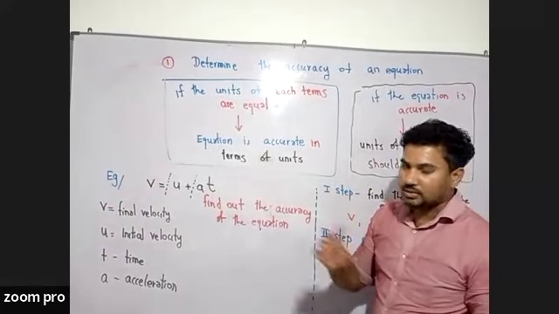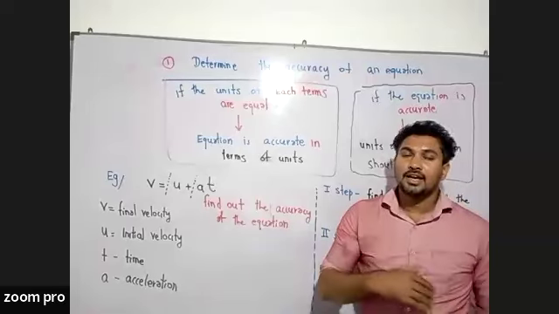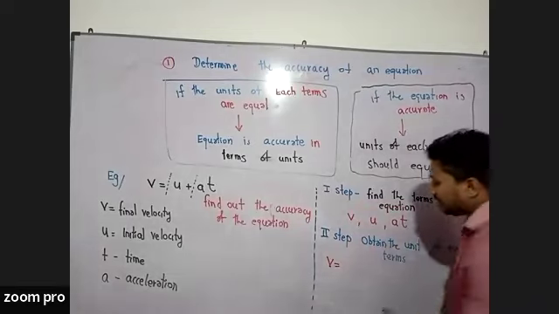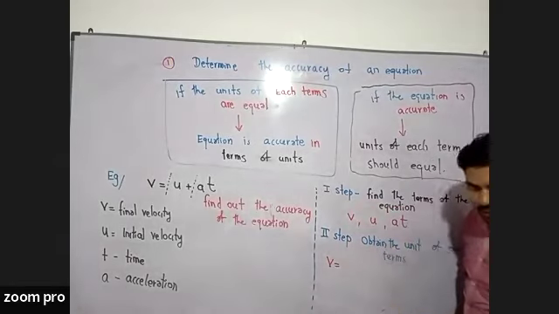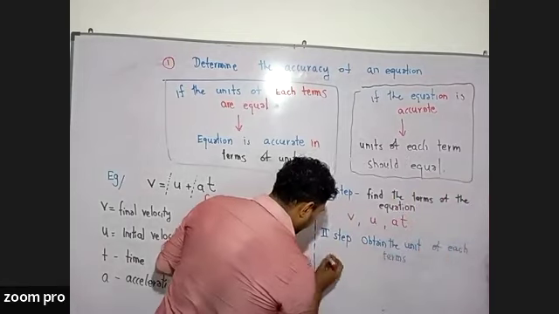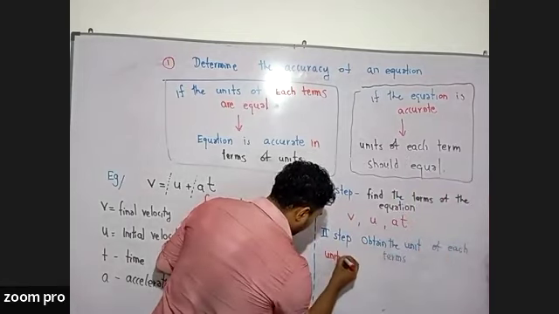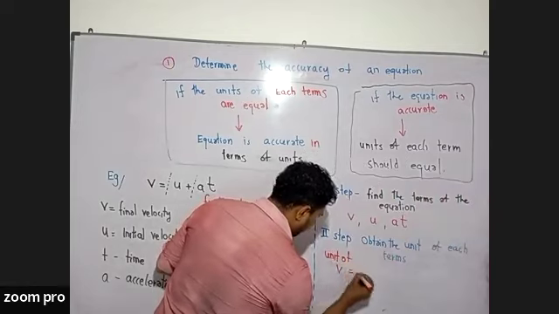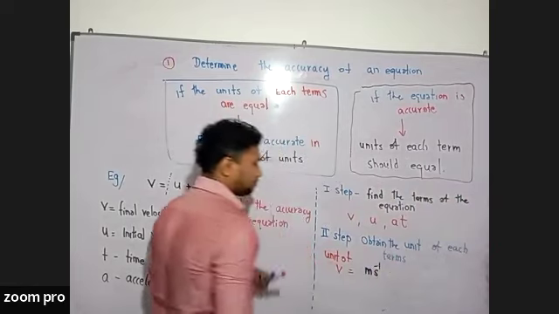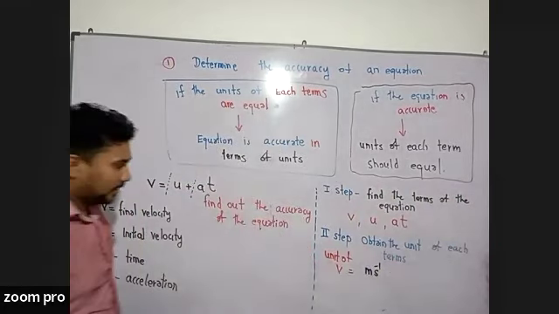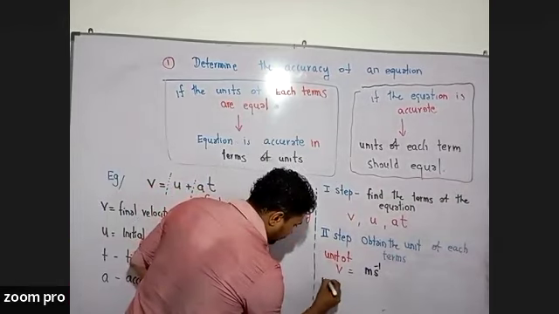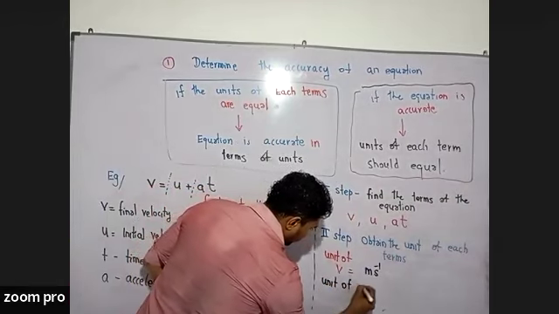So on the last Thursday, I told you some of the equations, isn't it? Right. Okay. Now V is the final velocity. So what is the unit for it? The unit of V is ms minus 1. Right? Okay. The other term is U. Okay, let's find out the unit of U.